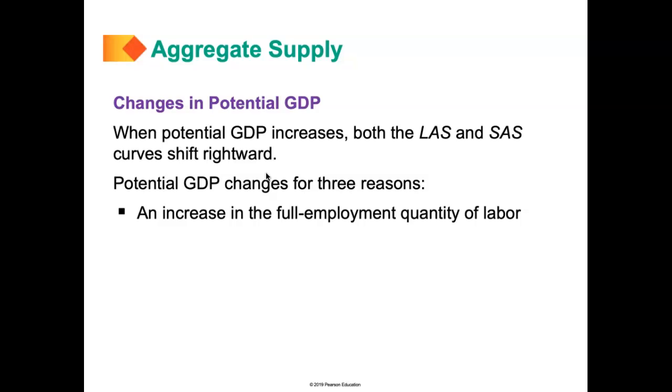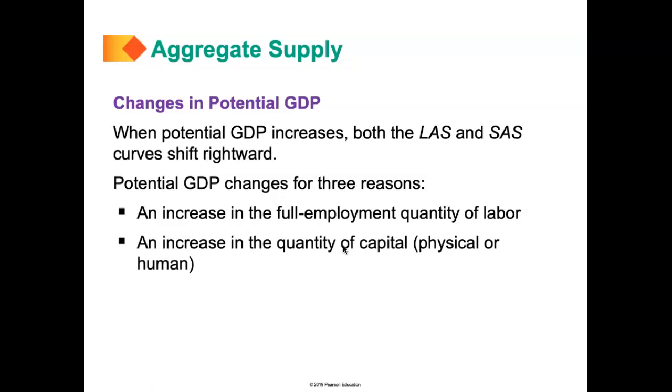The larger the quantity of labor employed, the more workers a country has, the more it can produce. If you're schooling more people and training more people, the country can employ more workers. If there's a huge influx of immigration, the country can employ more workers and hence produce more. That is what we mean by full employment quantity of labor: the amount of workers needed to reach full employment or potential GDP.